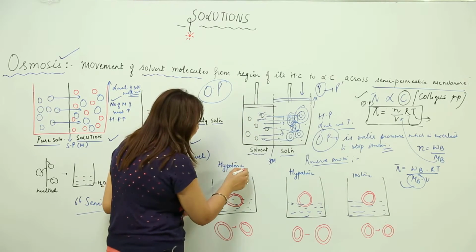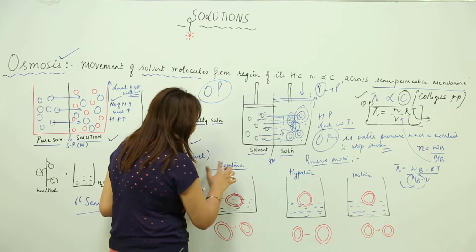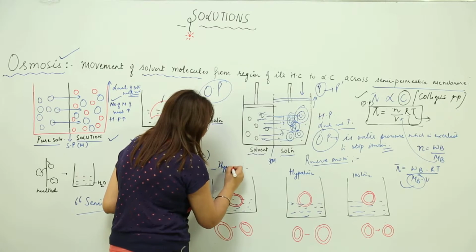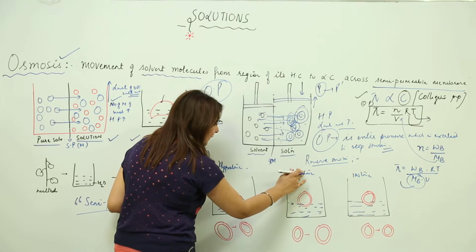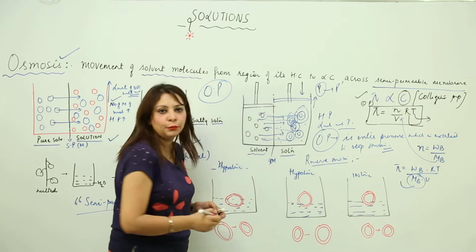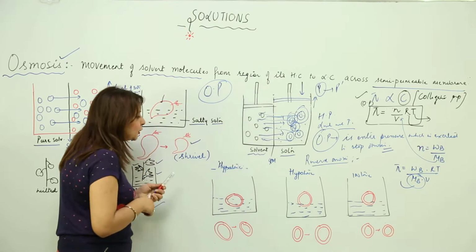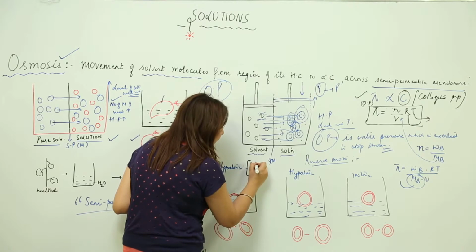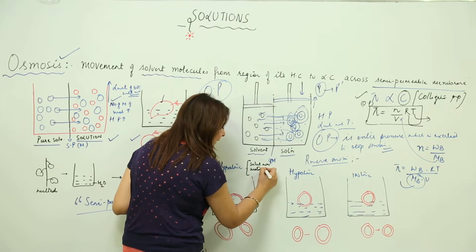So what do we see in hypotonic? Let us say this is hypertonic and this is hypotonic, because I have already made the figures, so it will be convenient to explain. A hypertonic solution is a solution in which the solute content is more and comparatively the water or solvent content is less.